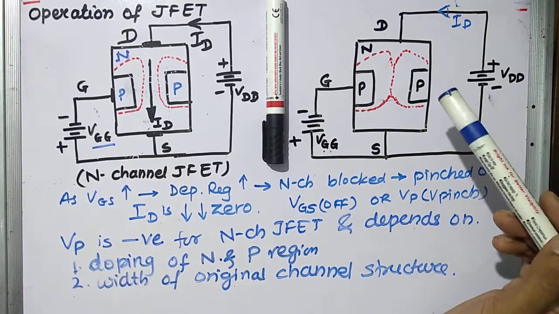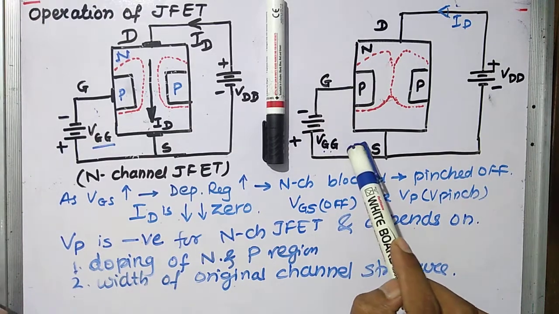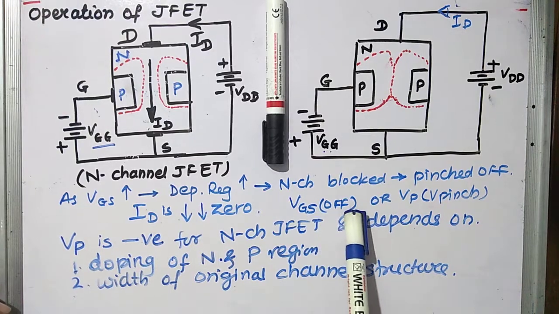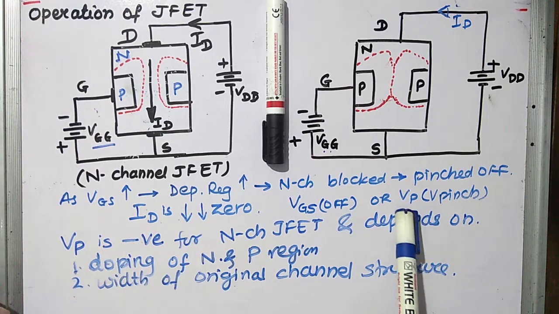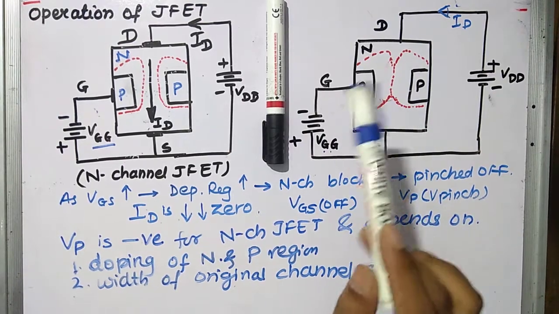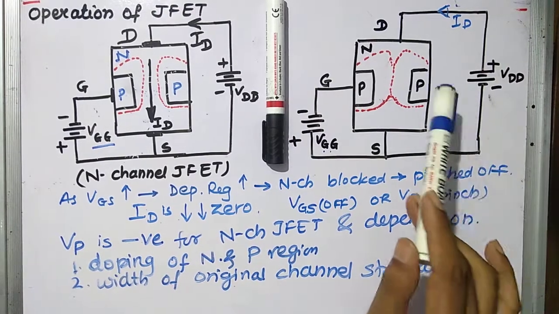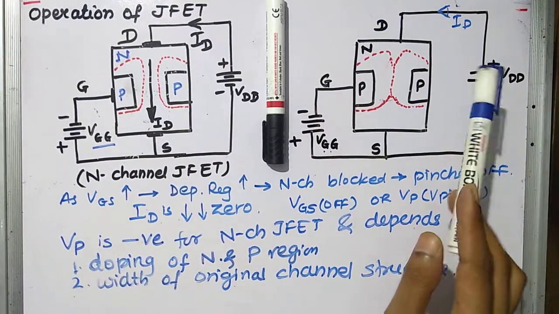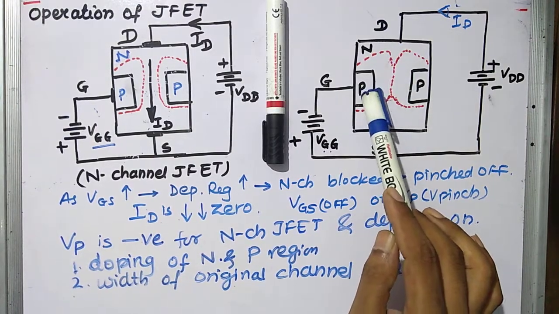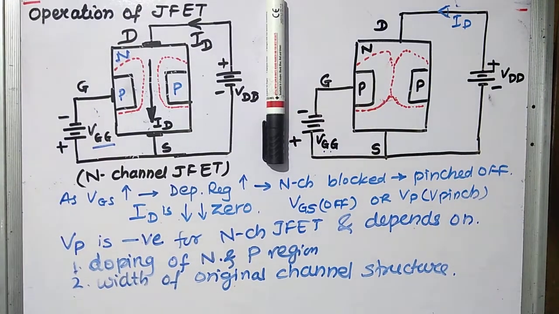So the voltage at which the drain current is zero, because we have increased the VGS or VGG, that VGS is called VGS off or VP, V pinch. Now this V pinch is negative for N channel JFET, and it depends upon two factors. It depends upon the doping of N channel and P type semiconductor. It is also dependent upon the original width of the channel structure.